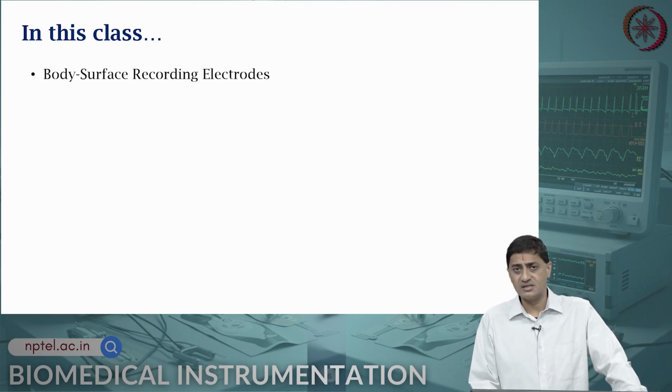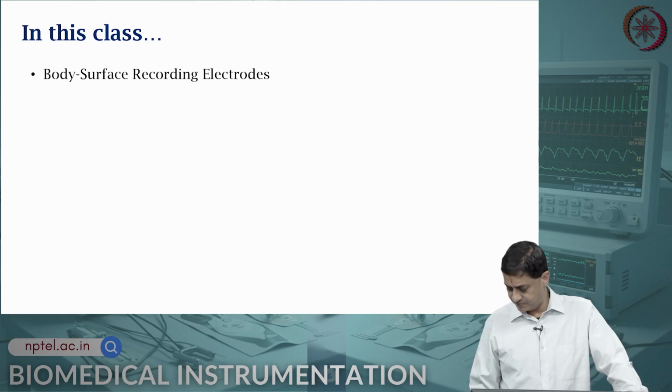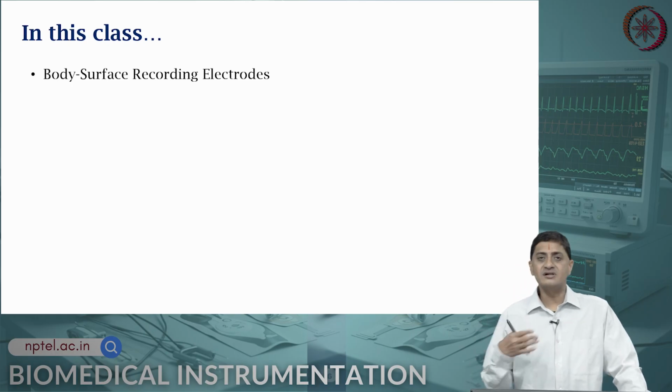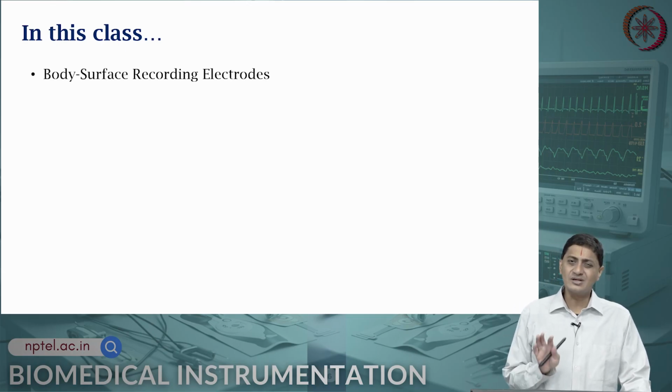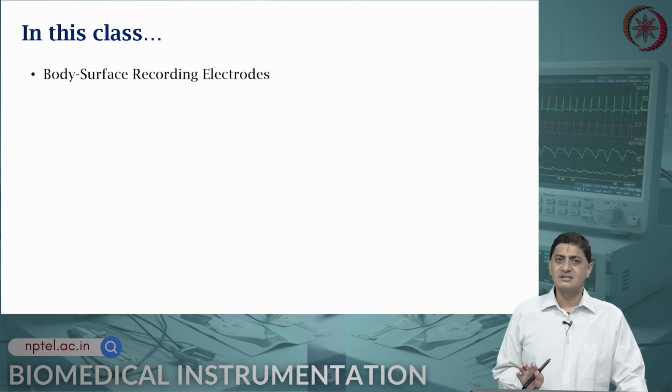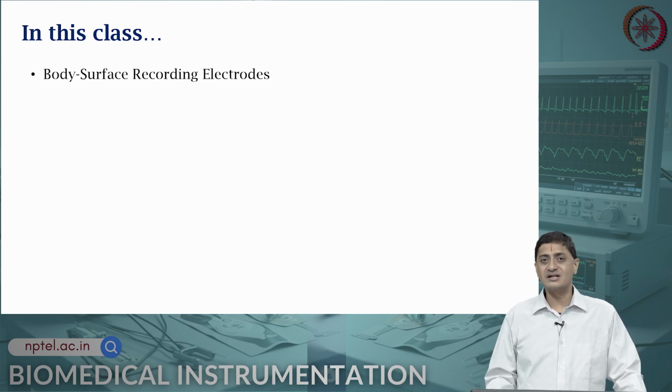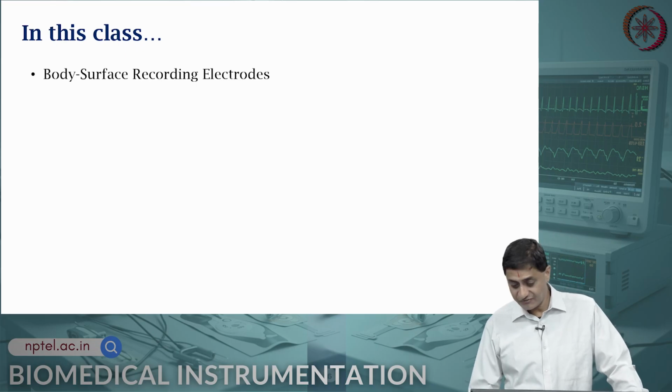This can be muscle activity, heart activity, or brain activity, for example. Here we are not looking at what type of activity it is. Here we look at electrodes and the approach towards design of the electrode and other such details of surface electrodes.